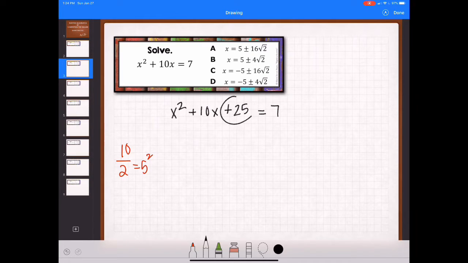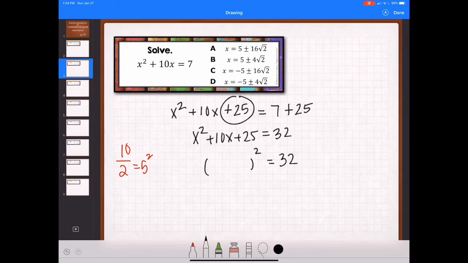If we add 25 to one side, you have to add it to the other side. So now you have x squared plus 10x plus 25 equals 32. Factor it. So this gives you x plus 5 squared is the factored form, equals 32.